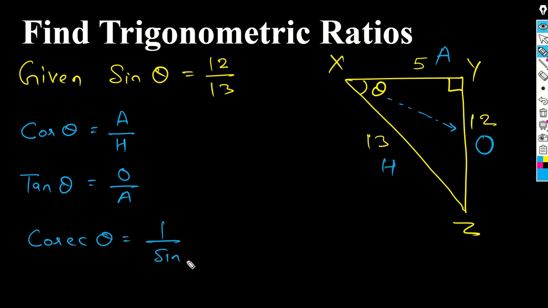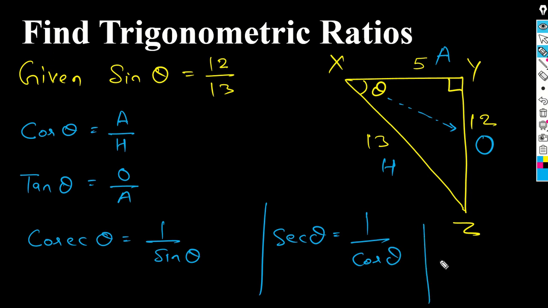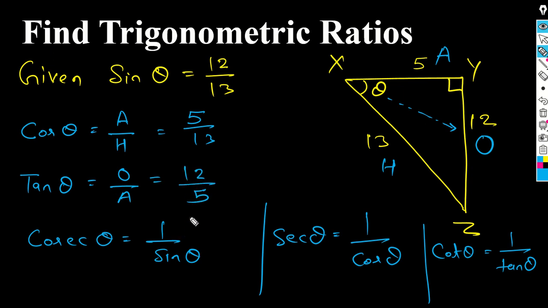Cosec is 1 over sine theta, sec theta is 1 over cos theta, and the last one is cot theta, cotangent theta, which is 1 over tan theta. So these three you can do by yourself. I will write for these only. So cos theta, adjacent over hypotenuse, is 5 over 13, and here tan theta, opposite over adjacent, is 12 over 5, right? So this is how you will find the trigonometric ratio.